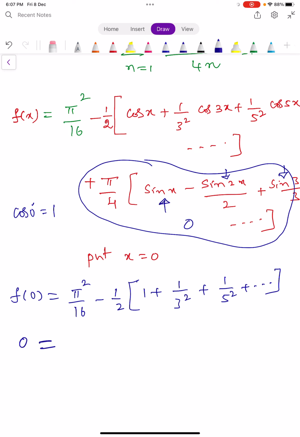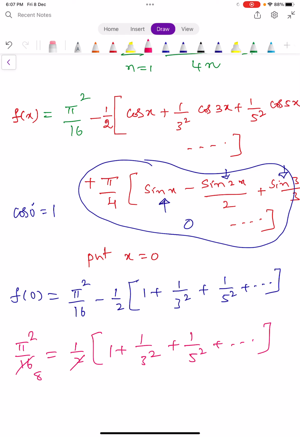So you get simply pi square by 16 is equal to 1 by 2 into 1 plus 1 by 3 square plus 1 by 5 square plus and so on. 2 ones are 2, 2 eights are 16.